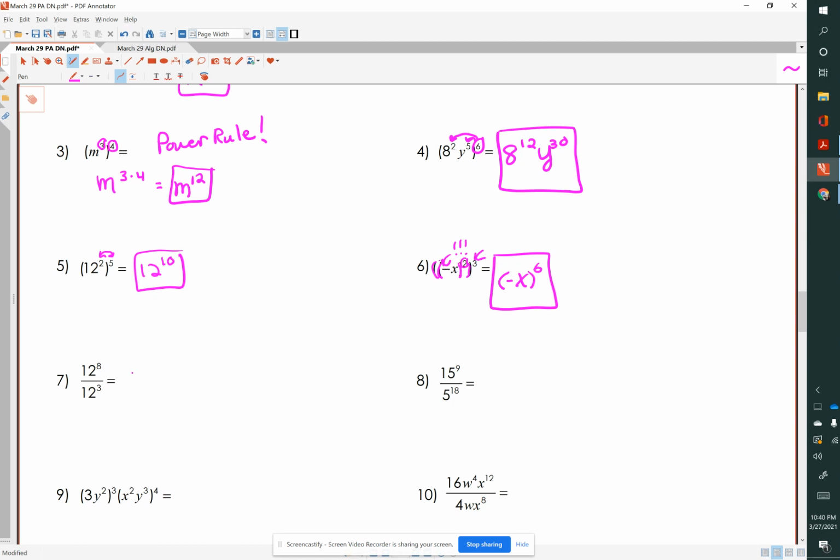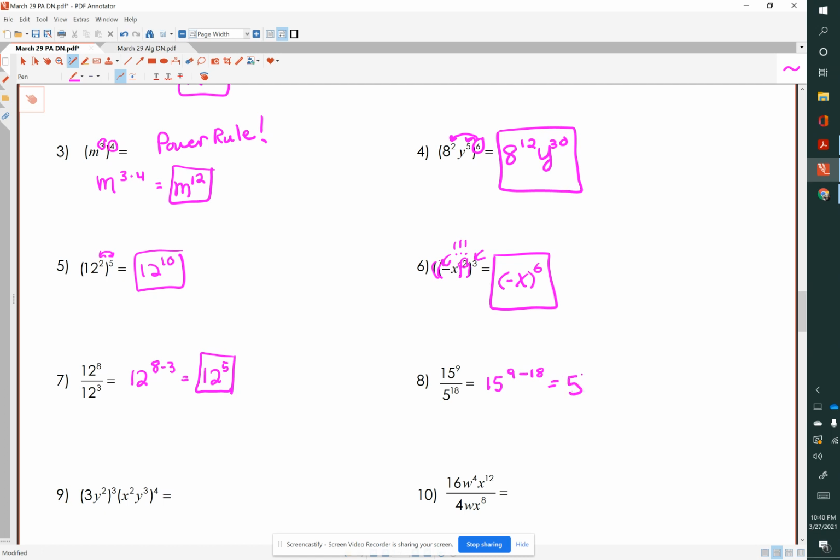Number 7, when we divide exponential terms, we subtract the exponents. So this would be 12 to the 8th minus 3, which would be 12 to the 5th power. Number 9, same thing, we're going to subtract, but remember, it's the denominator from the numerator, so you might have a negative exponent.